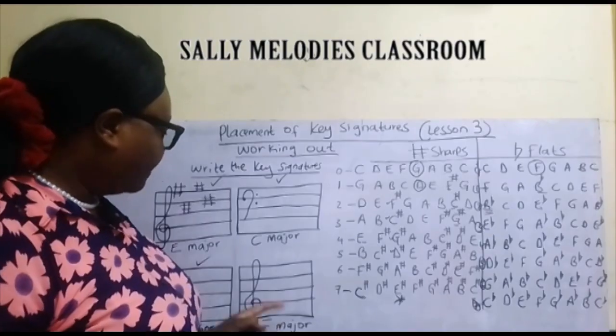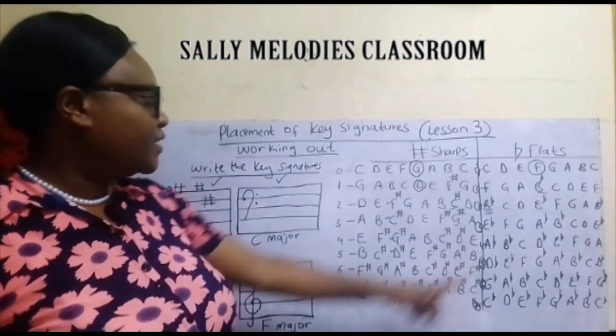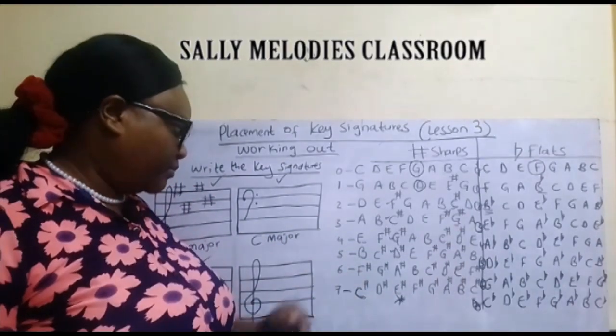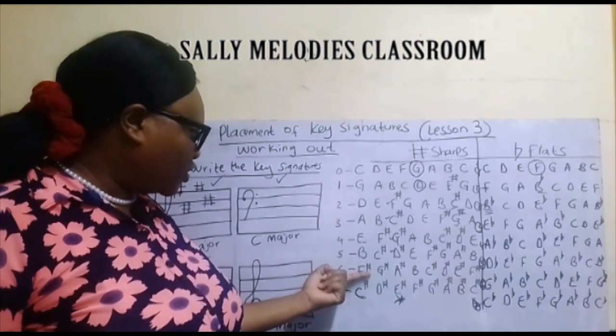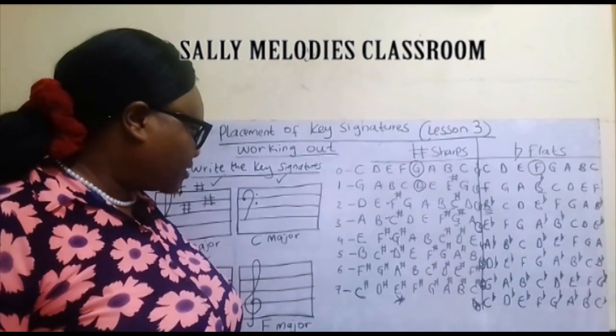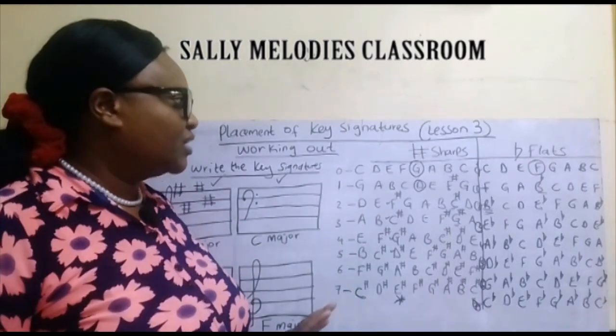And then we go to F major. Remember, there is F major and F sharp major. I did not talk about F sharp major. F sharp major is this one, which has got 6 sharps. I am talking about the F major.